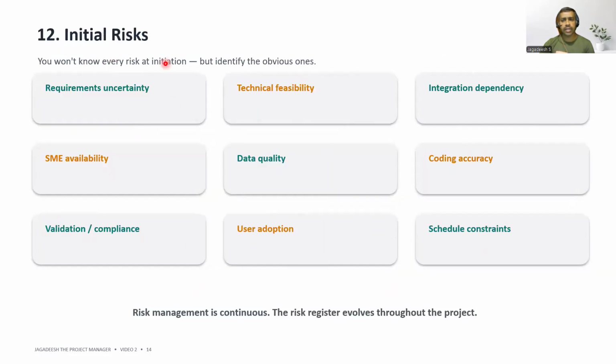At initiation, I don't expect to know every risk. I want to identify the obvious high level risks, like requirements uncertainty, technical feasibility, integration dependency, SME availability, data quality, coding accuracy, validation compliance, user adoption, and schedule constraints.